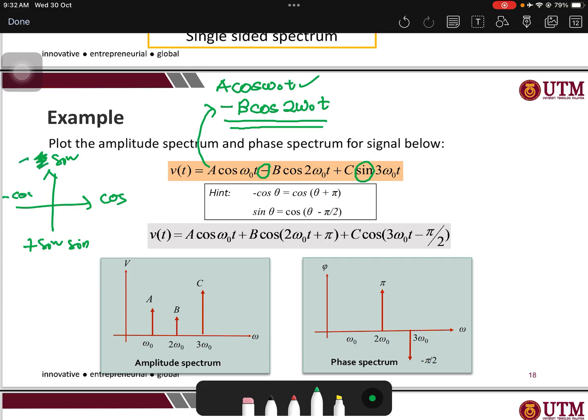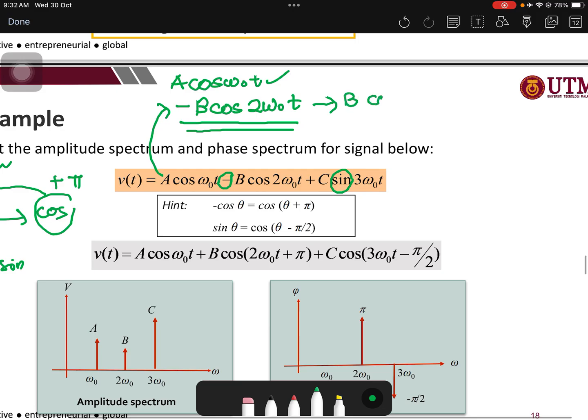Now you have the negative cos, and to get the negative cos, you add plus pi, because it is measured positively counterclockwise. Therefore, it will become B cos 2 omega naught t plus pi.